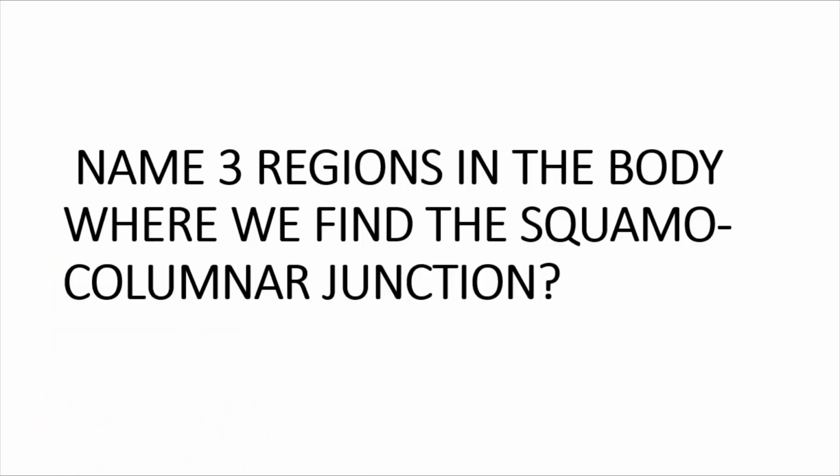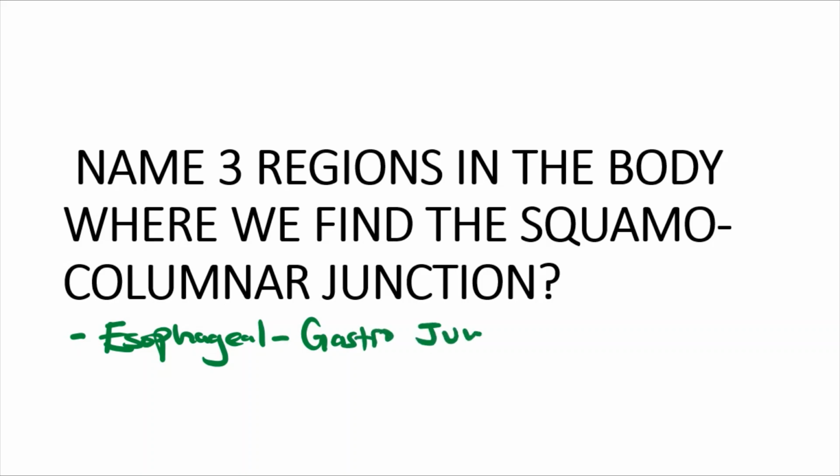All right. Name 3 regions in the body where you find the squamo-columnar junction. This is a region where squamous epithelia will change into columnar epithelia. Number 1, you've got the gastroesophageal junction, when you're transitioning from the esophagus to the stomach.